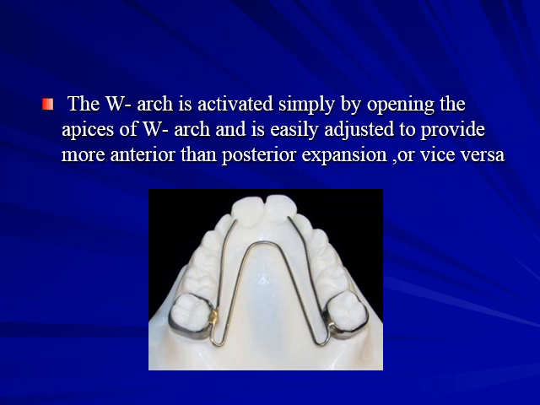We can use the W arch to expand the anteriors alone, or the posteriors alone, or the anterior and posteriors equally. Or the anterior expansion can be more than the posterior, or vice versa, with more expansion in the posterior than the anterior.